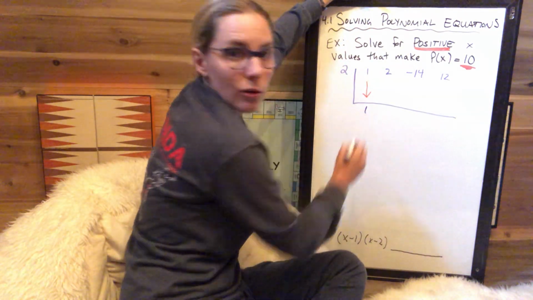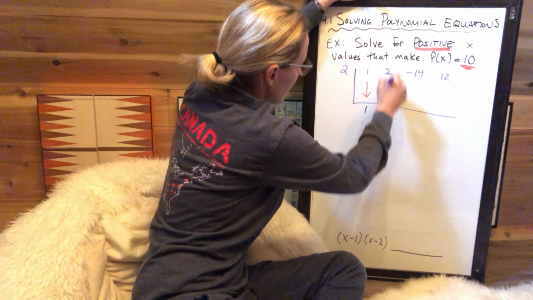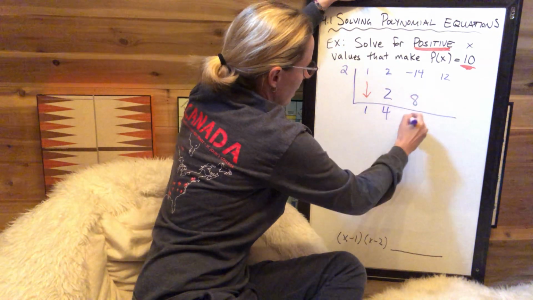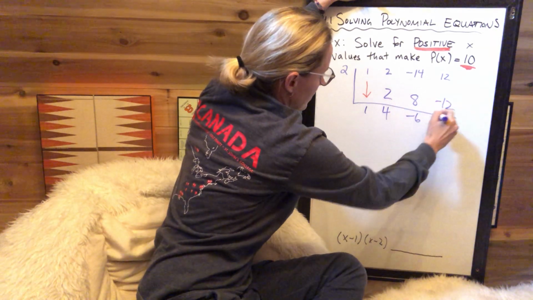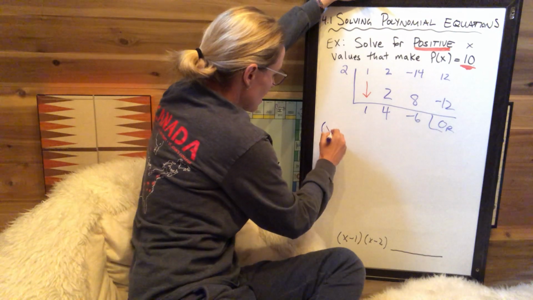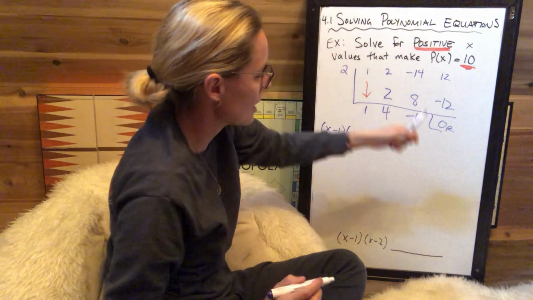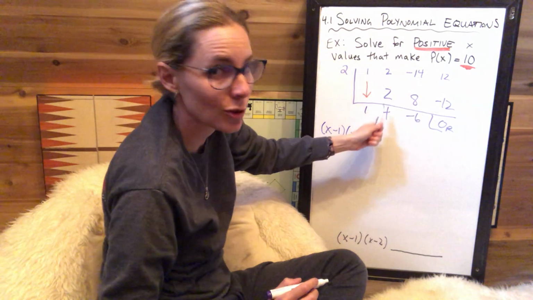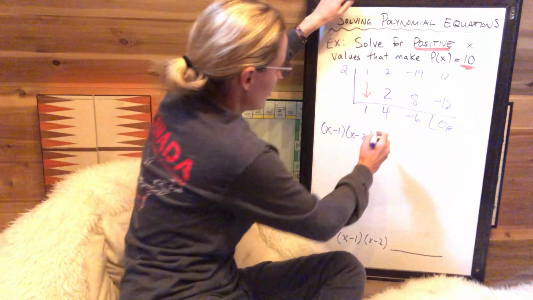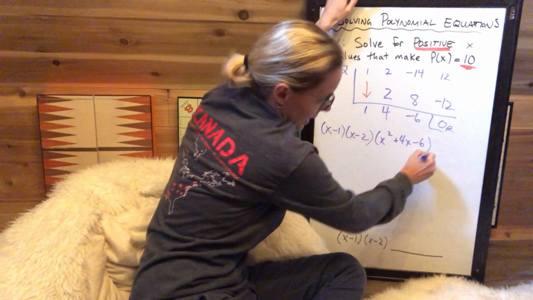So when I bring the 1 down, I then do 1 times 2 to get 2, add the columns, and I get a remainder of 0. So remember, I already had this, x minus 1, x minus 2. And then what's happening here? Constant, degree 1, degree 2. So I have x squared plus 4x minus 6.